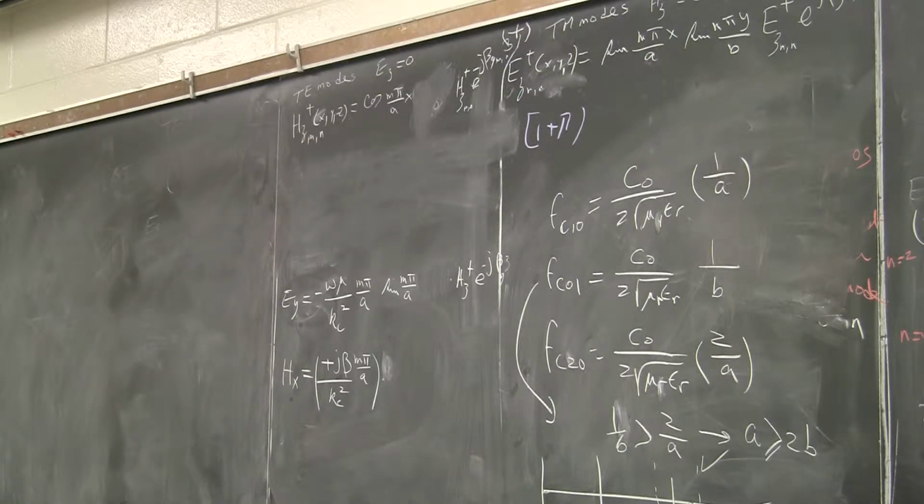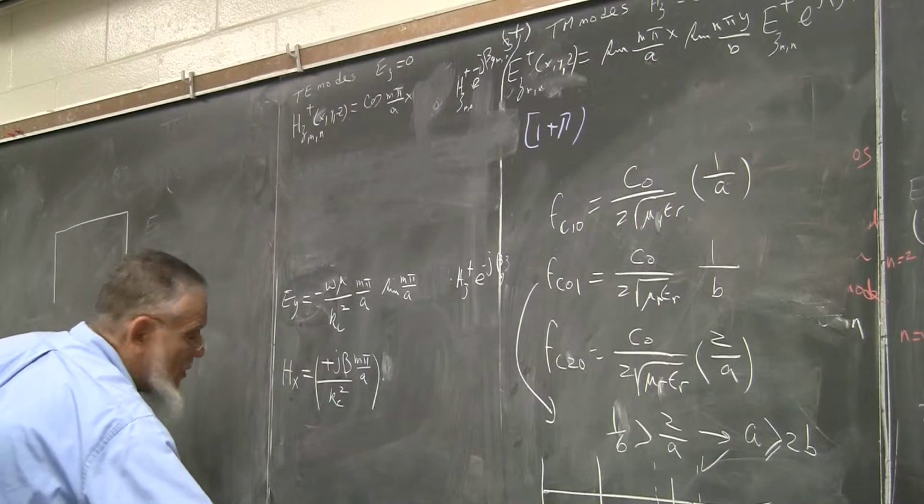Let's map this field here over the cross-section of the waveguide. We started to do that last time, and I promise I'm going to do it again, so here it is. Move this to the left a little bit.